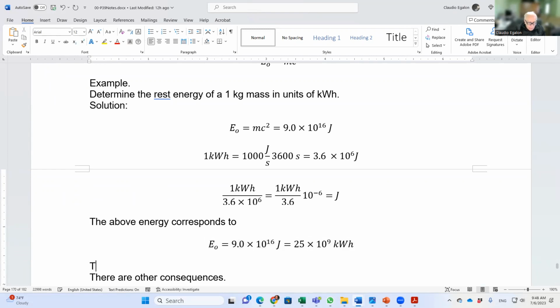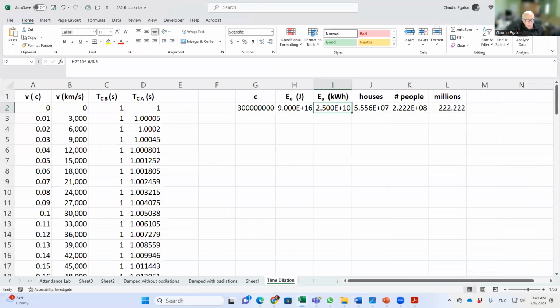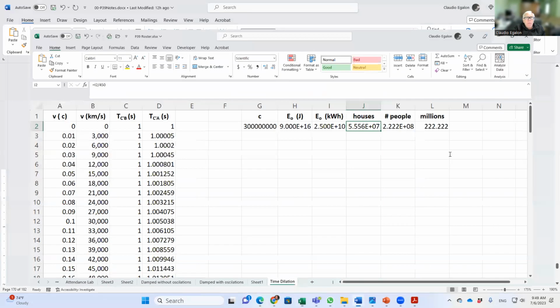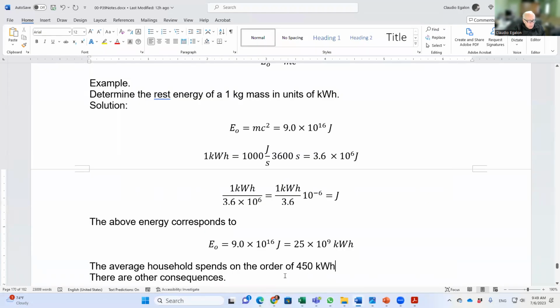The average household spends on the order of 450 kilowatt hours per month.